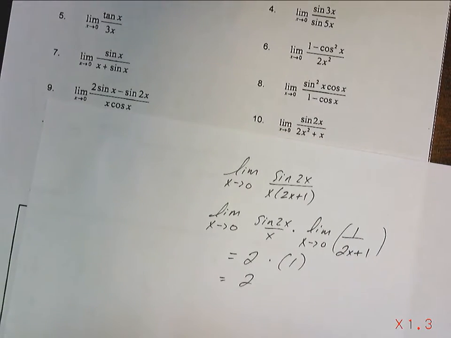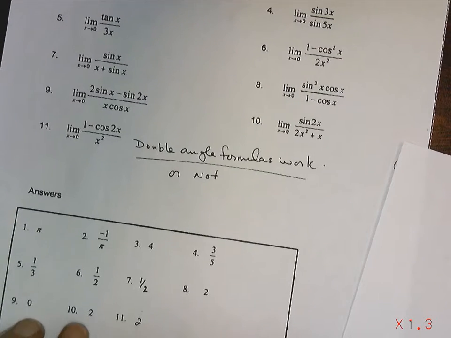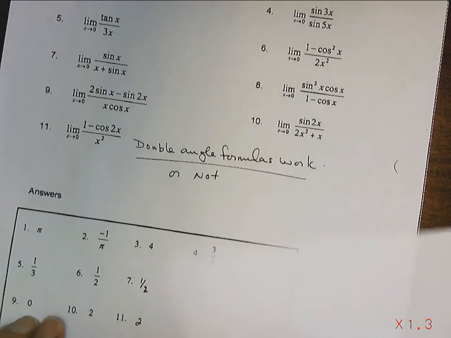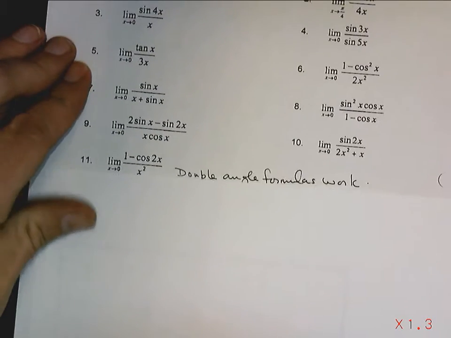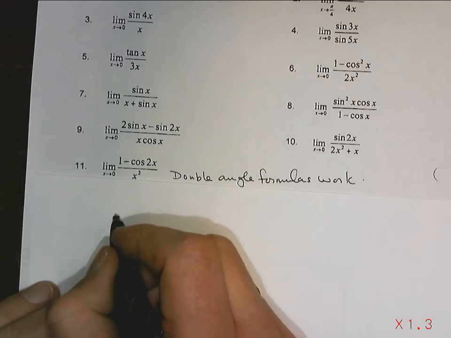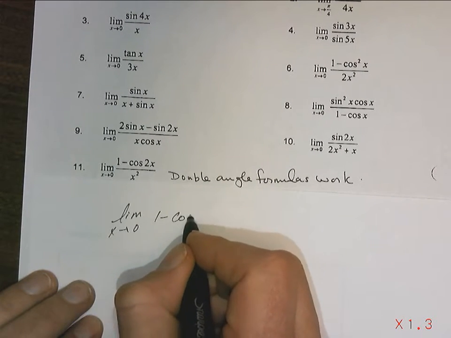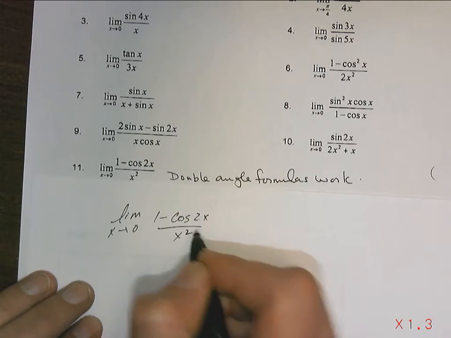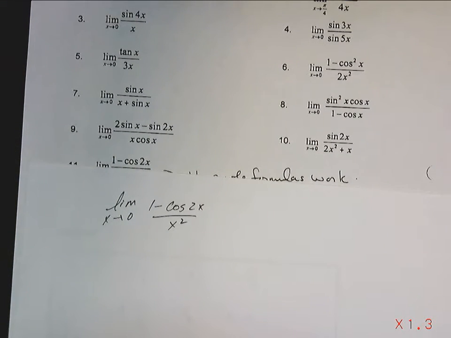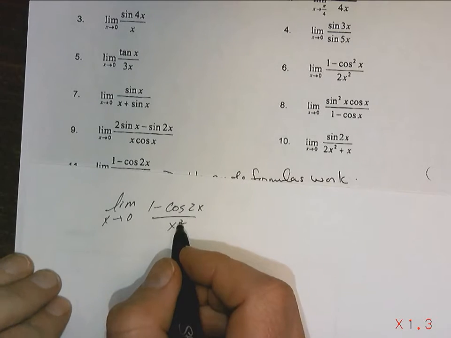Let's make sure that 9 and 10 were what I was supposed to. Yes, they were. I got what I needed. And the last one, dun dun dun. Limit as x approaches 0 of 1 minus cos 2x over x squared. Thinking about this. Double angle formula is pretty straightforward.